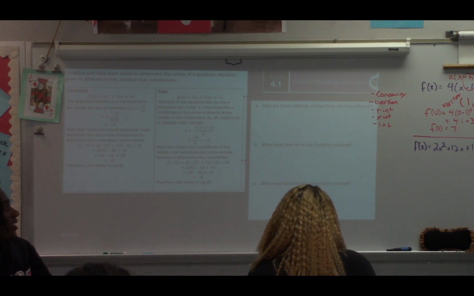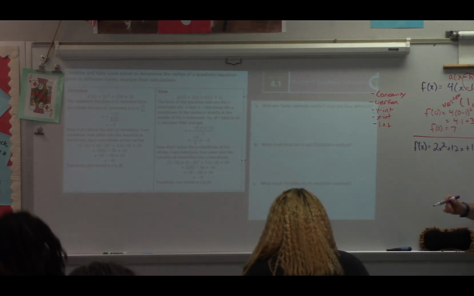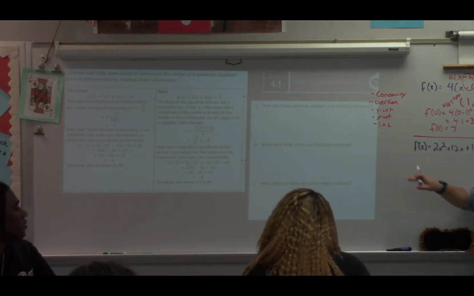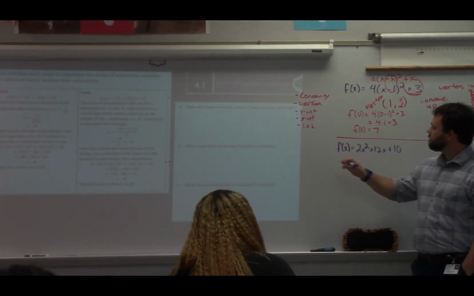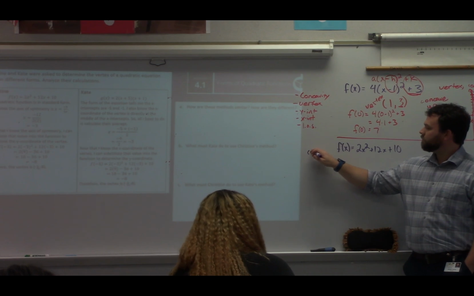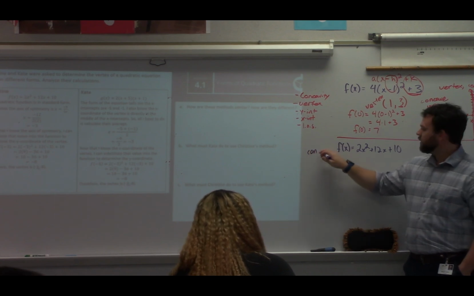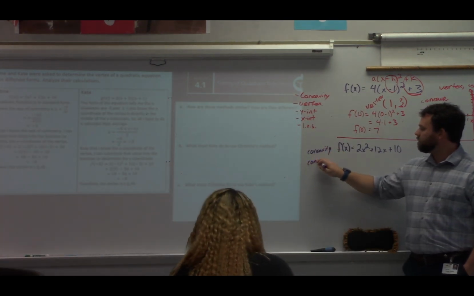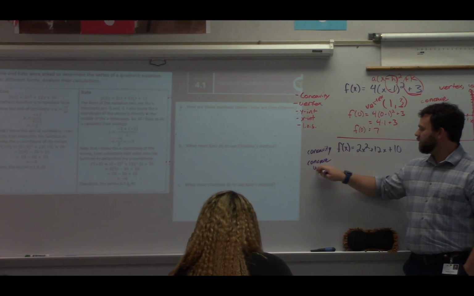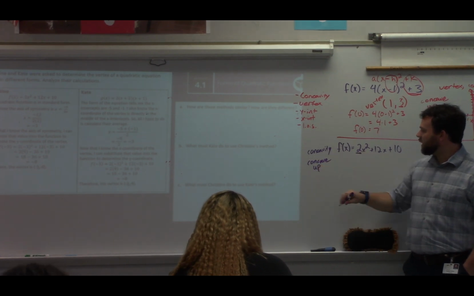The textbook will sometimes call it general, but we call it standard form for the most part. So what do we know from standard form right away? Concavity, right? And this is concave what? Up. A is positive 2, so concave up like a cup.